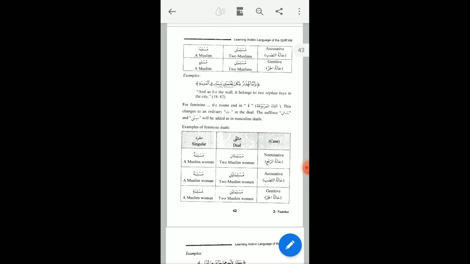Yatimaini, and they were orphans. Now see, here it is the murakkab tawsifi. Gulamaini is mausuf, and yatimaini, their property, their sifa, is that they are orphans. So gulamaini is in the dual genitive case. Yatimaini, its sifa, would also be in the genitive case.